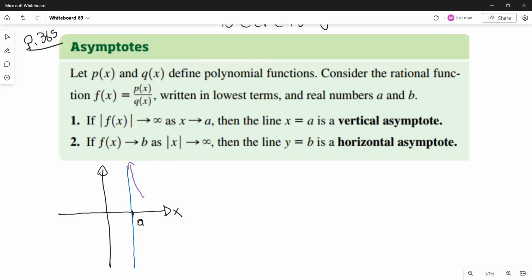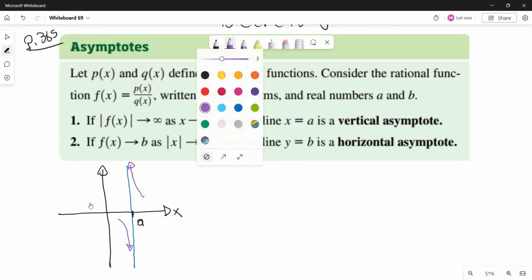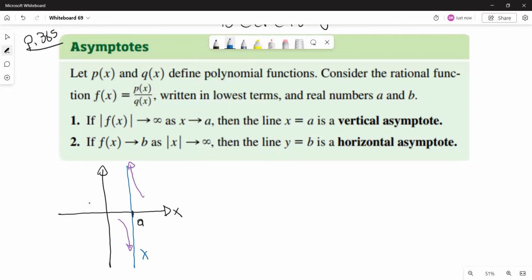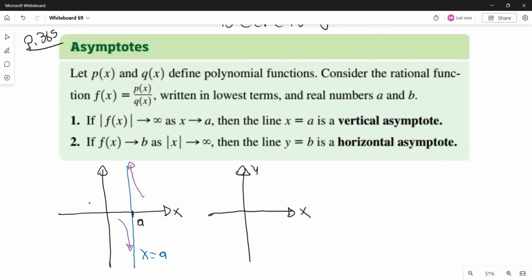If it approaches from the right, the graph is increasing from the right and decreasing from the left. And the blue line is the vertical asymptote. Another possibility could be like this. You have again the vertical asymptote.